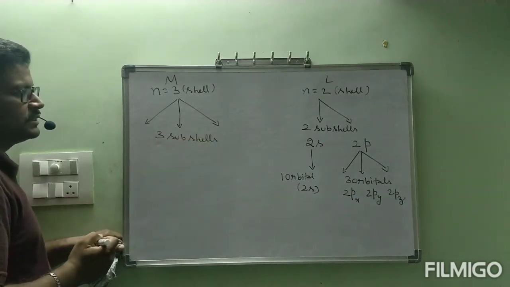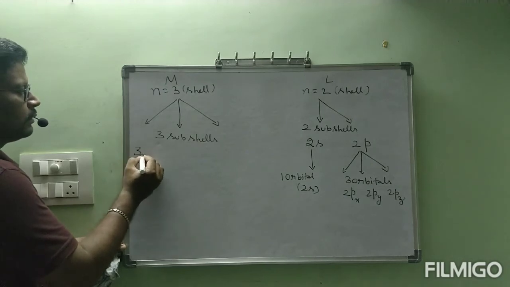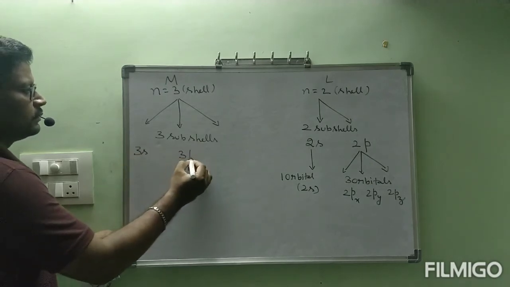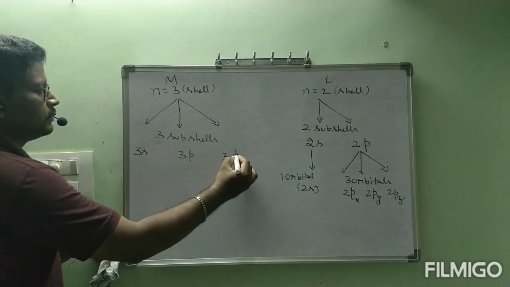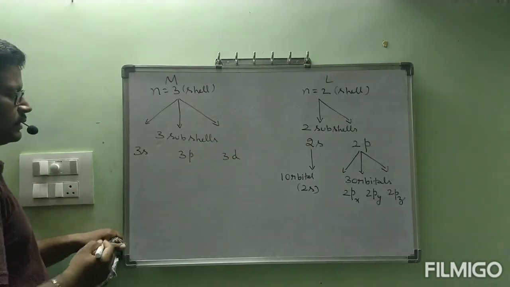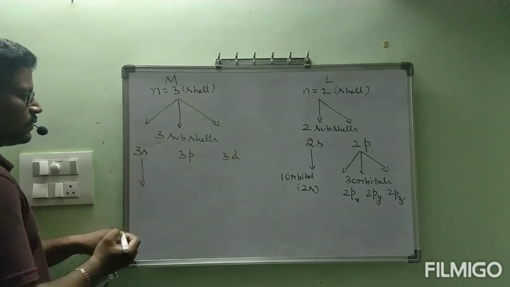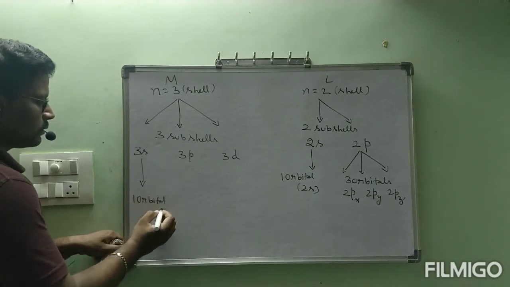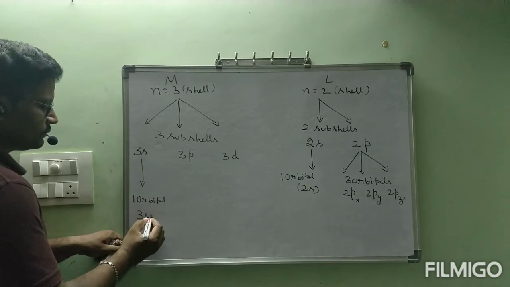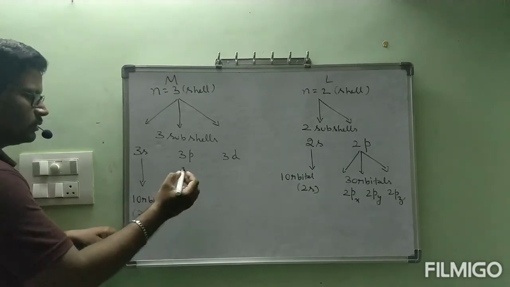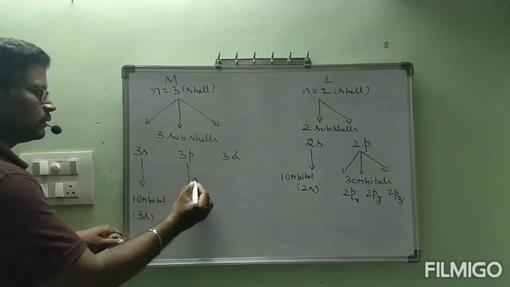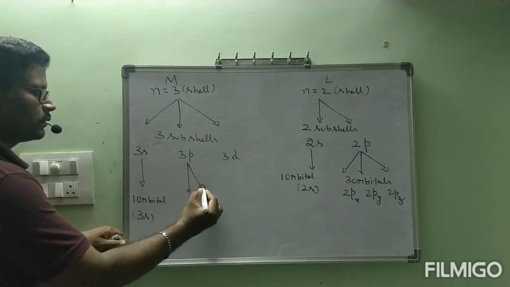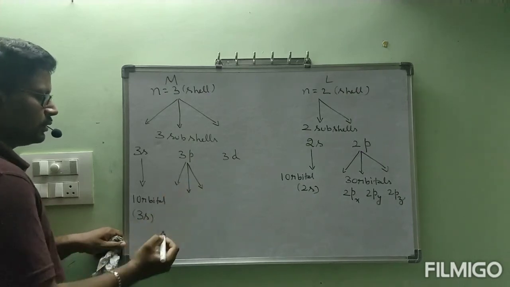What are those 3 subshells? 3s, 3p, 3d. 3s has one orbital, that is 3s. 3p has three orbitals.